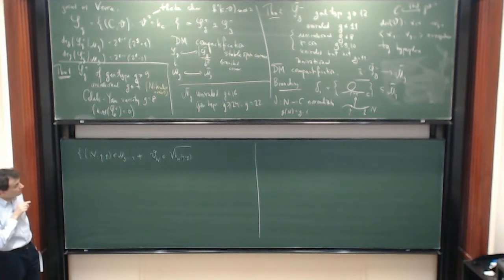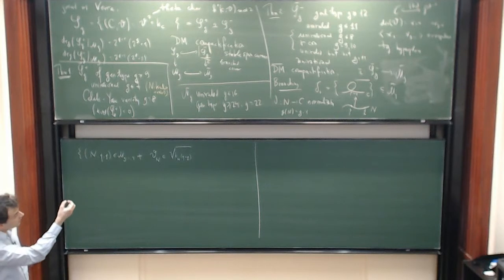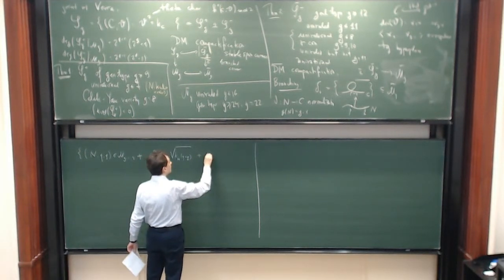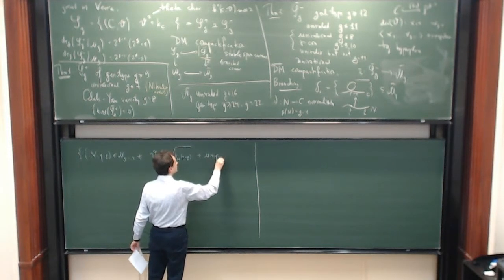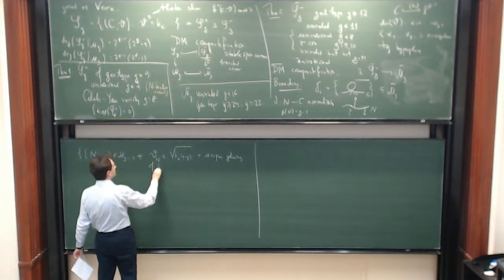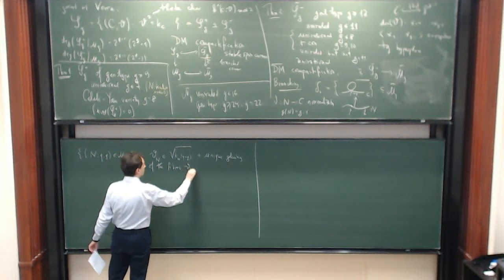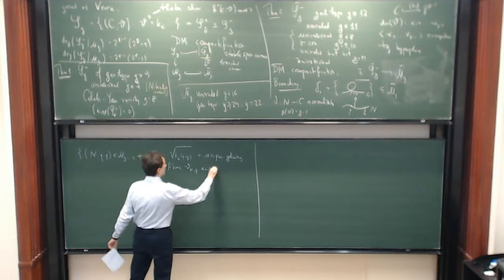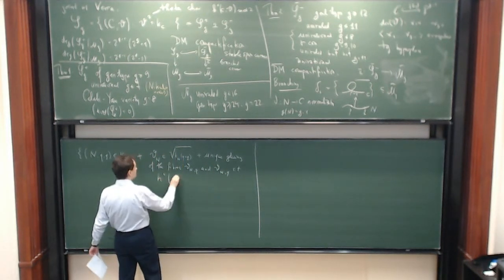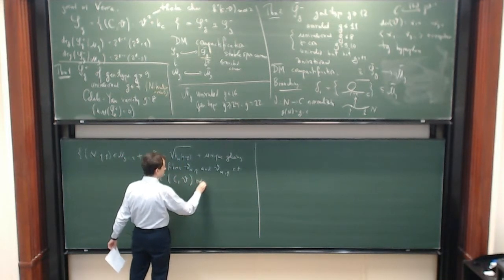And then, of course, to give a bundle on the nodal curve, I have to give also a recipe for gluing the fibers at P and Q, such that H0 of C and theta is odd.